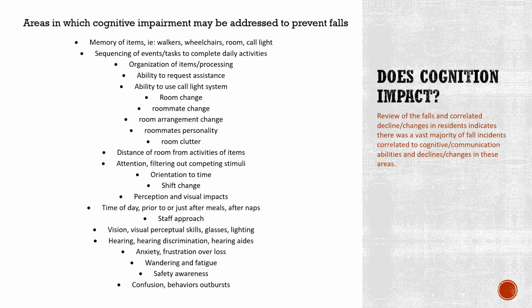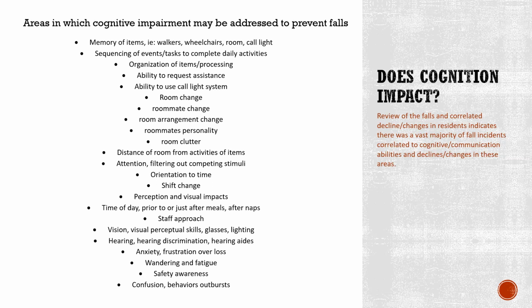Some of the times where you might see individuals who have had an increase in falls, or maybe when you're doing your root cause analysis to look at why they might have fallen, some of these things might be impacting it. It might be that they've had a room change, or the room has been rearranged. Maybe the distance from their activities has changed, or the time of day when they've had meals, naps, appointments.